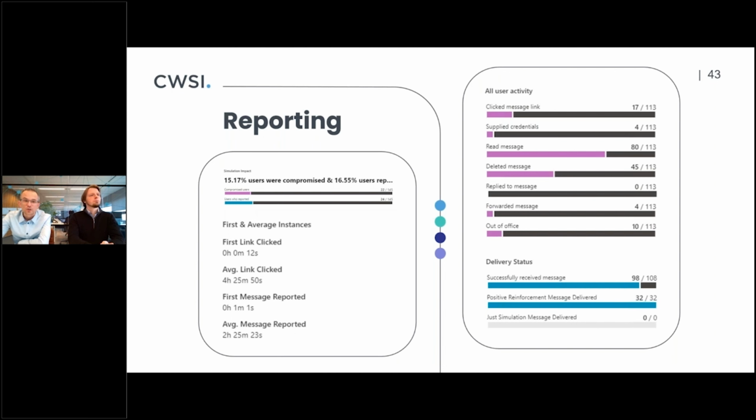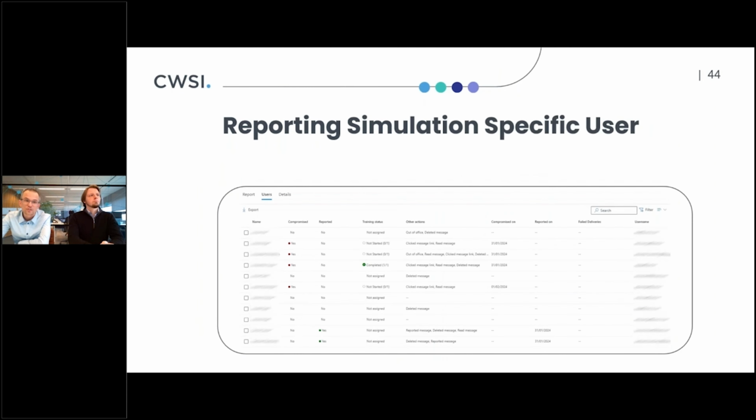Besides the attack simulation training campaign specific details, there is something available for reporting on each individual within your company. So you are able to see a view where you can verify the users who are compromised within this attack simulation training campaign, but also the number of users who reported the email as a potential phishing email.